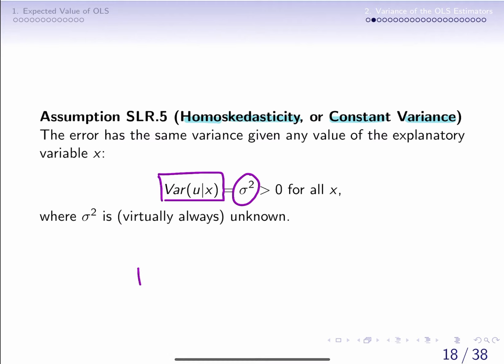If we wrote out, for example, the variance of u given x equals sigma i square, then this would violate the assumption of homoscedasticity.